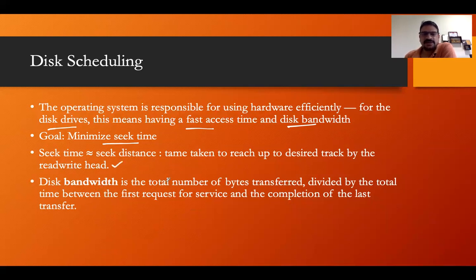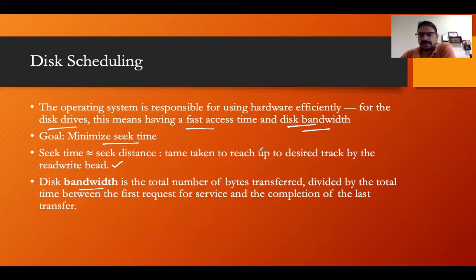Now the disk bandwidth is the total number of bytes transferred divided by the total time between the first request for service and the completion of the last transfer. That is your bandwidth. Now, there are many disk scheduling algorithms that we'll see one by one.